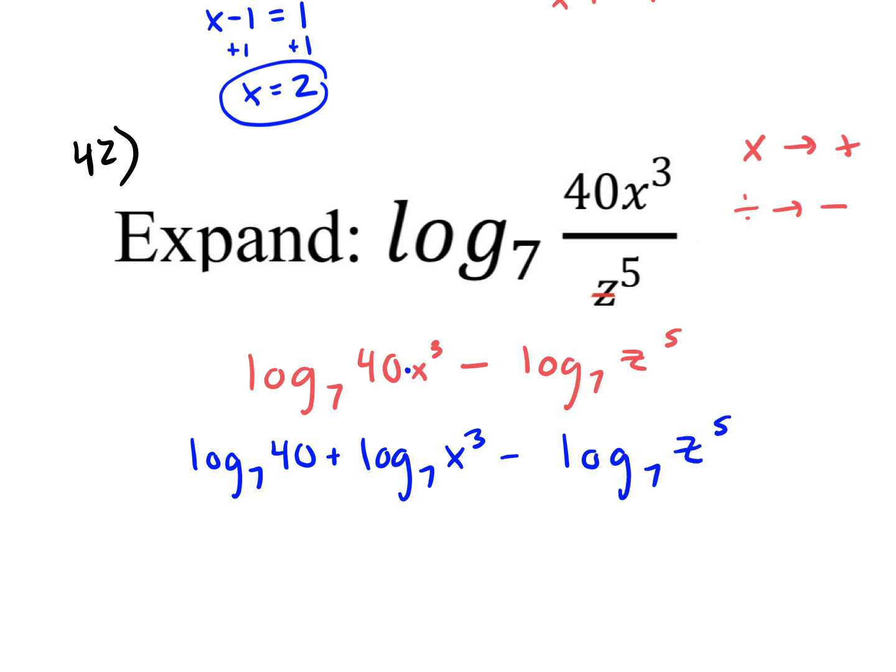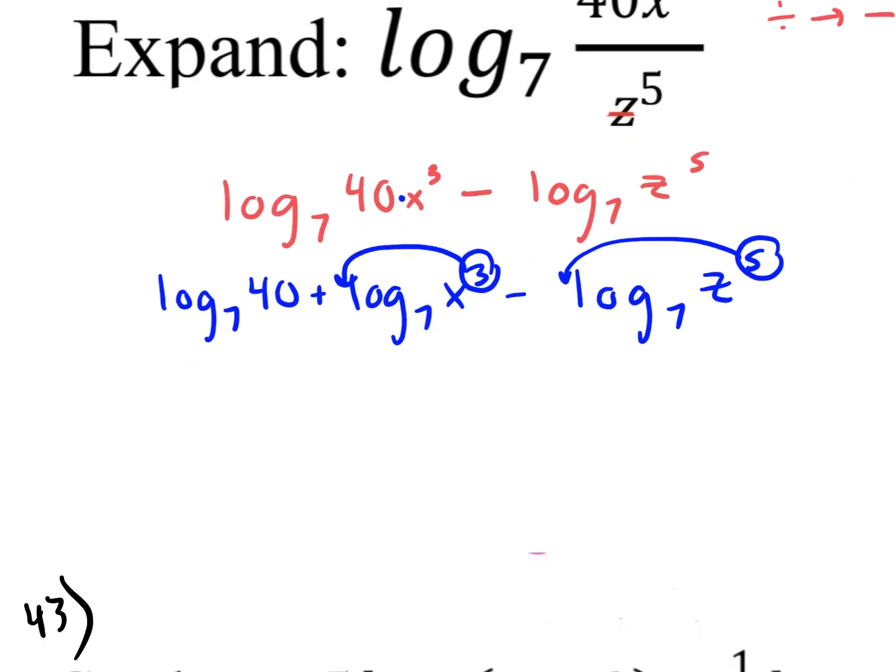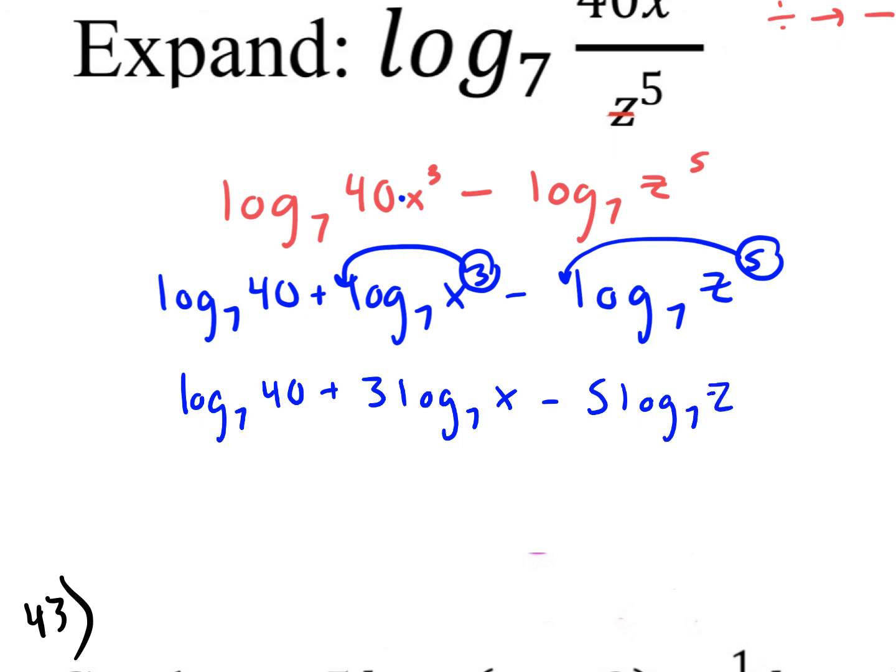And then the last step, what do I do with the exponents? Bring it to the front. So it goes to the front of the log that it's attached to. So this would be log base 7 of 40 plus 3 log base 7 of x minus 5 log base 7 of z.